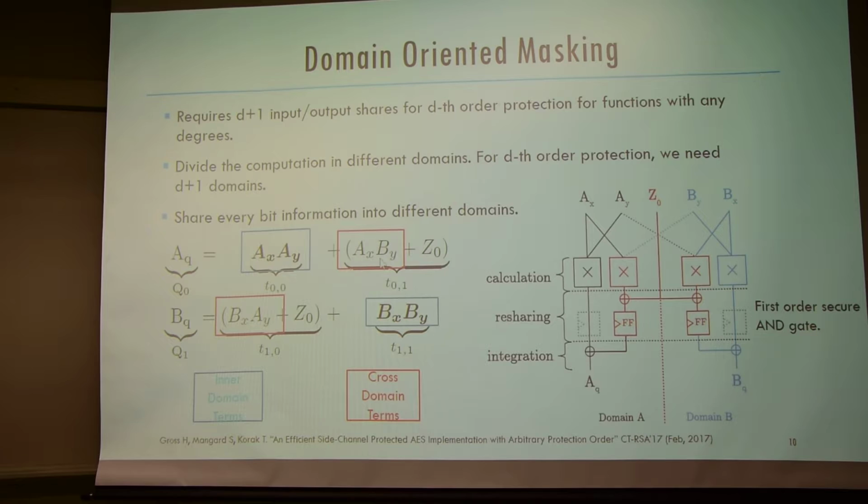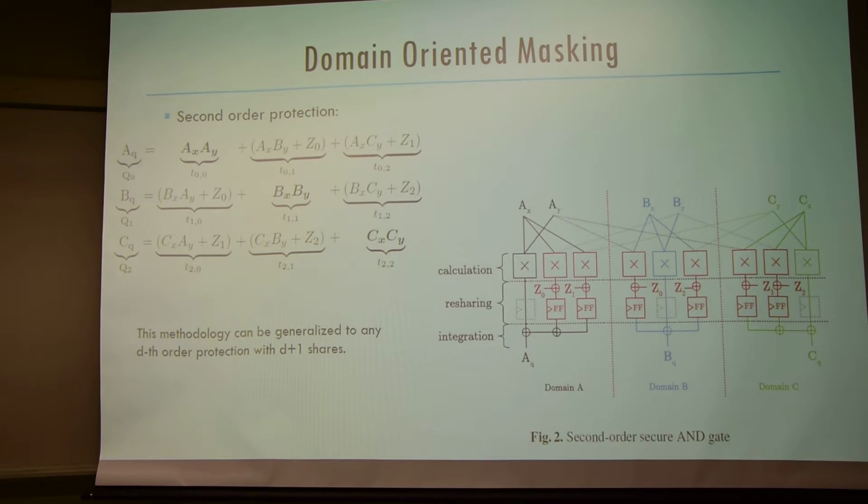This one, this one, this one, and this one. Notice that these two are inner domain terms because they all belong to either domain A or domain B. But these two are cross-domain terms. That's why if you have cross-domain terms, then you always need to XOR with a random number to add the randomness into it again. So this is how it works for the first order secure AND gate.